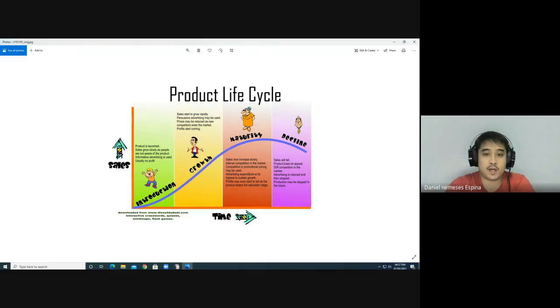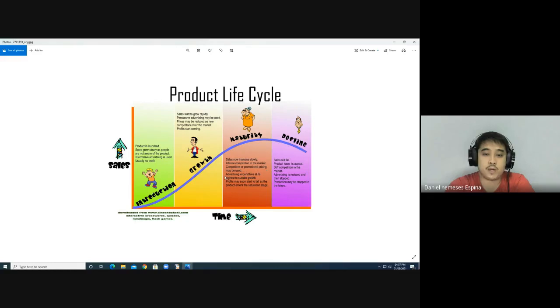However, the product and business undergoes the critical stage called the maturity stage. So it is where the sales do not increase. It increased, but the growth is very slow. The competition is very intense because there are now more competitors in the market.